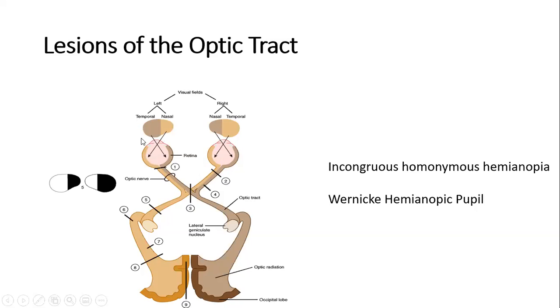Since it's already damaged, there is no pupillary reaction. Whereas when we shine light into the nasal retina, it is going to the opposite side, so there will be a pupillary reaction. So this is Wernicke's hemianopic pupil, but it is very difficult to elicit because it is difficult to put a thin beam of light only on one particular side of the retina. There will be some dispersion of light. So this is mainly for theoretical purposes.